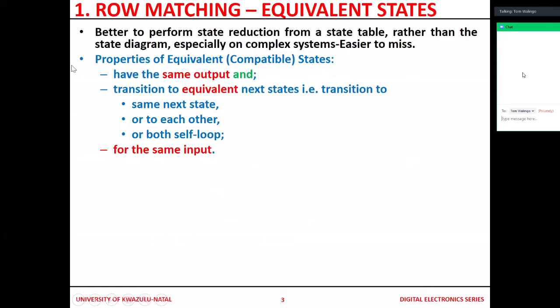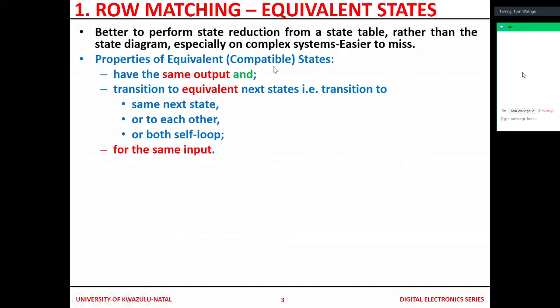This definition holds whether you are looking at row matching or implication charts. You can combine 2 states, but it's not always 2. It could be 3, could be 4, if they are compatible. The names compatibility and equivalence are used interchangeably.